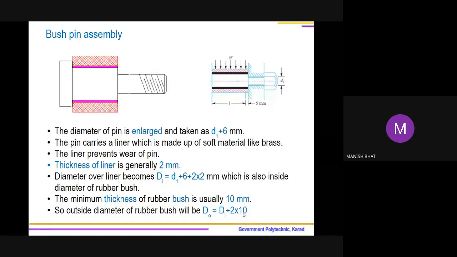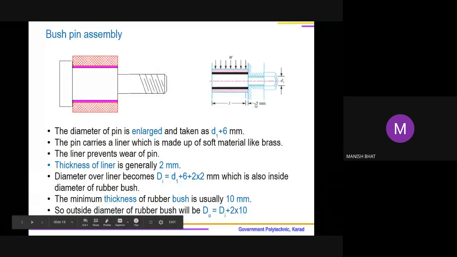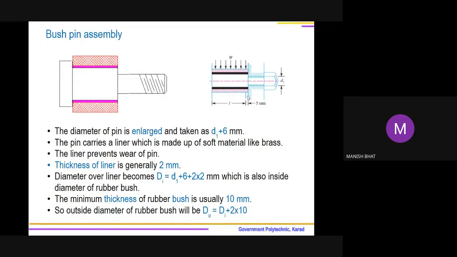So as to design this bush pin assembly, this diagram from the Khurmi Gupta book is helping you. What does that diagram indicate? It indicates this length L, which is the length of one of the flanges. 5 mm is the clearance, the clearance in between two flanges.